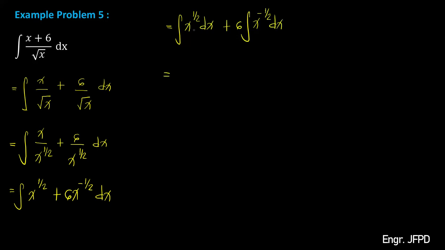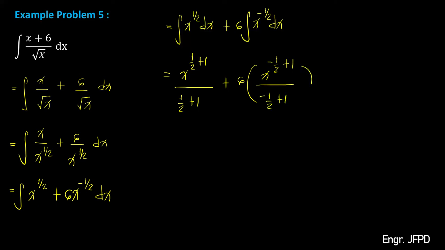Applying power formula, since this is in the form of x raised to n, this is now equal to x raised to 1 half plus 1 over the exponent of 1 half plus 1 plus, just copy the constant 6, and again apply power formula, and that is x raised to negative 1 half plus 1 over the negative 1 half plus 1, and again, do not forget to write the plus c.